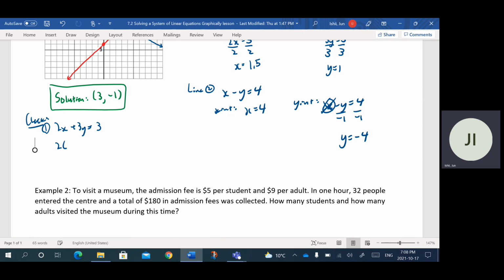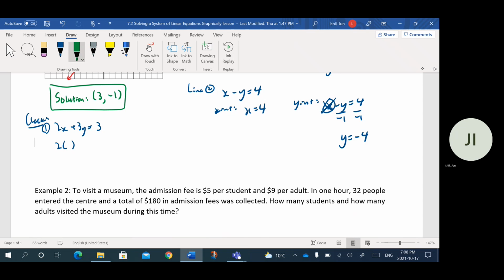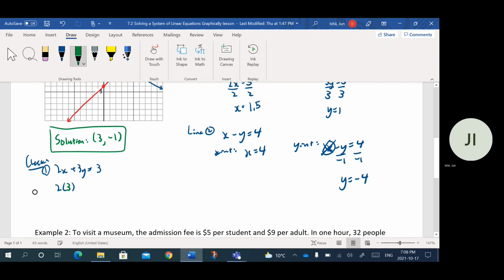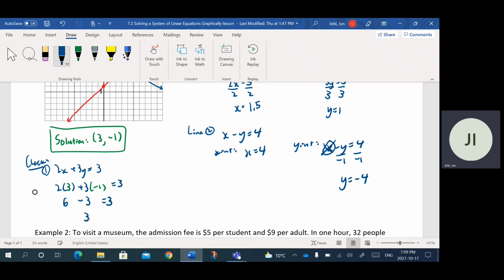If I plug in 3 for x, and then plug in -1 for y, we'll see that this is 2 times 3, which is 6. 6 plus 3 times -1, which is -3. So 6 minus 3 equals 3. So we get 3 equals 3. So that one works out for the first equation.